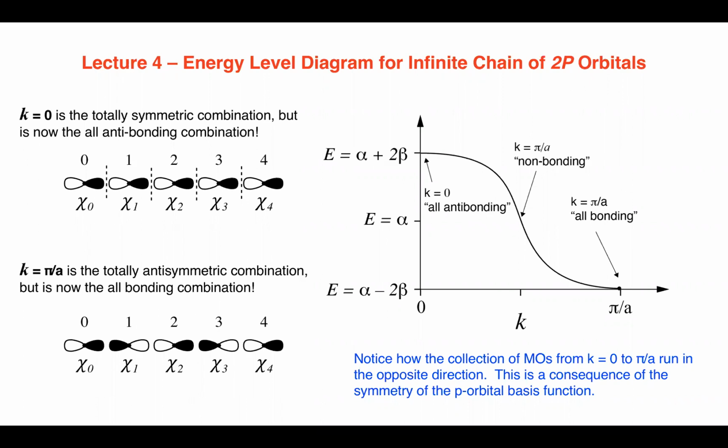So this band runs in the opposite direction. It's sort of out of phase with the s orbital combination. And that's a consequence of the symmetry of the component orbital that we're using to make the MO.